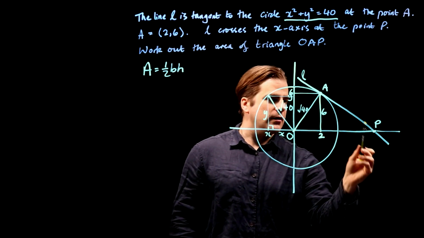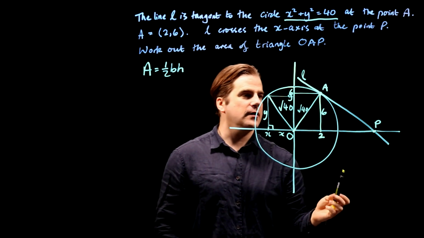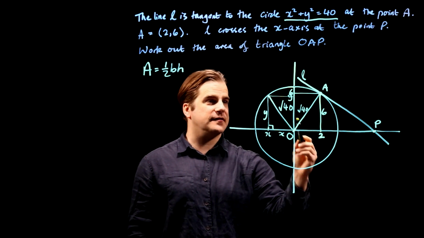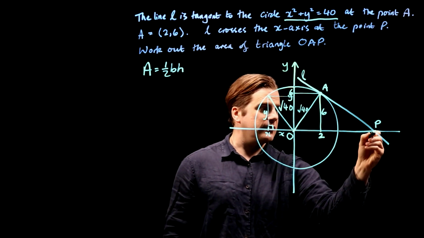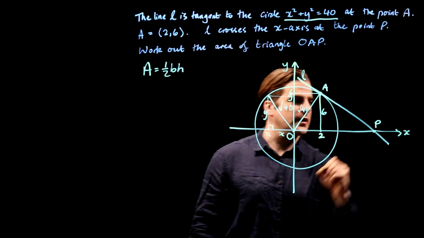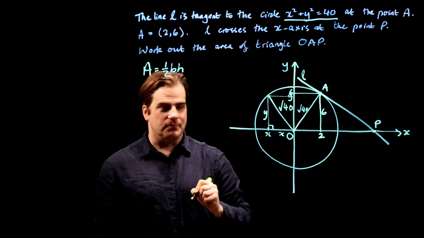So, how do we work out where L crosses the x-axis? What we do is work out the equation of the line L and then set y equal to 0, because at y equals 0, that's the point where it crosses the x-axis. So, how do we work out the equation for the line L?